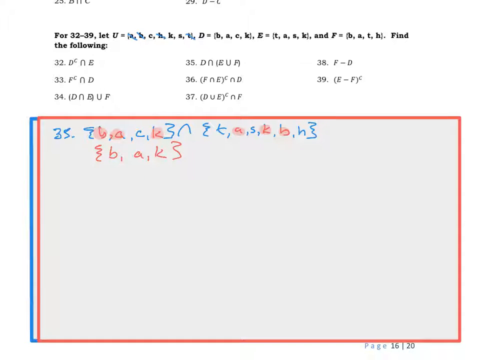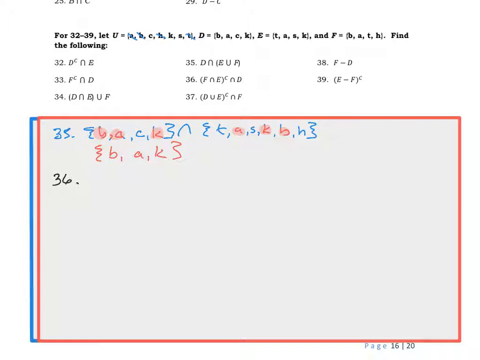All right, so 36. We have the complement of the intersection of F and E. So let's find the intersection of F and E first, and then we'll find the complement of that.